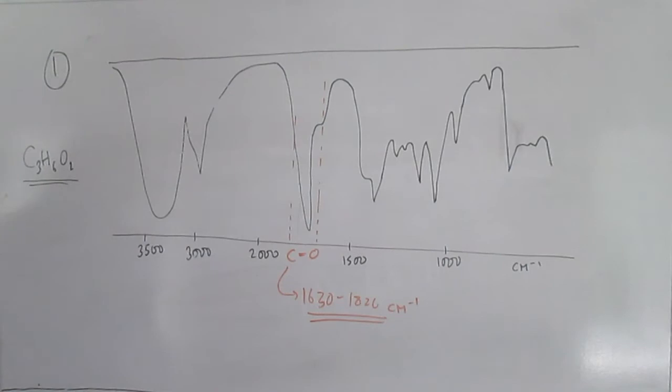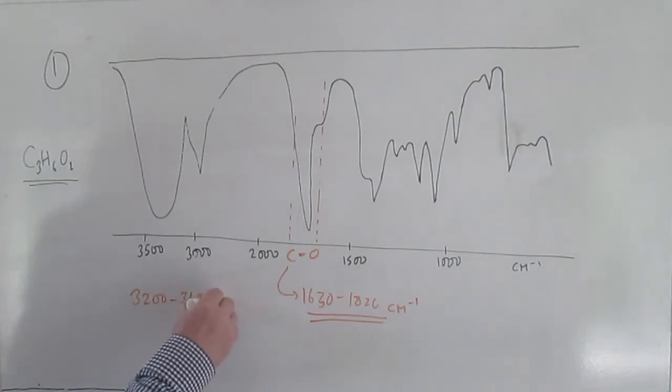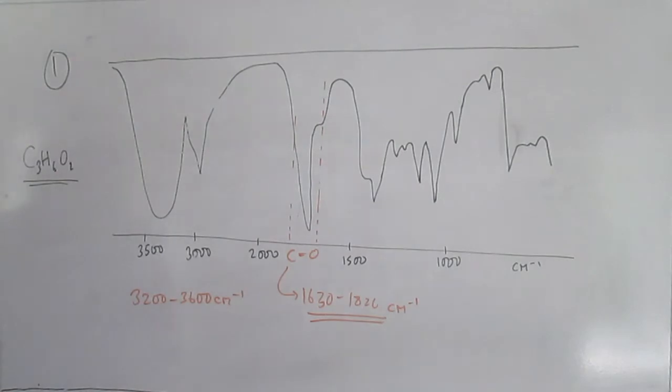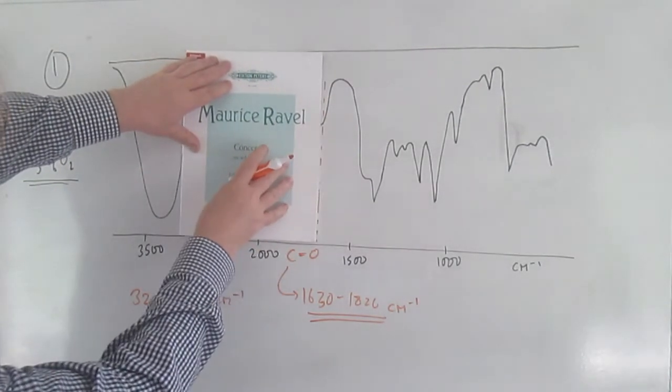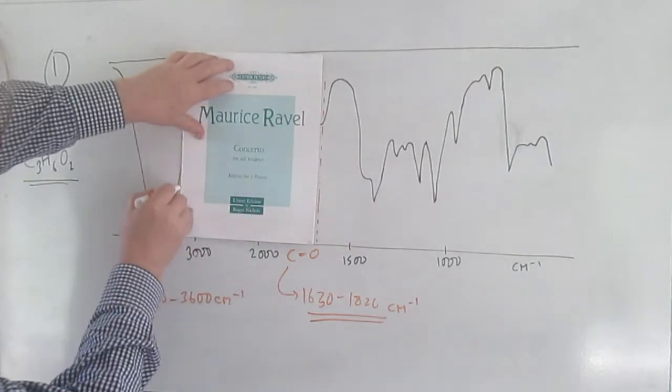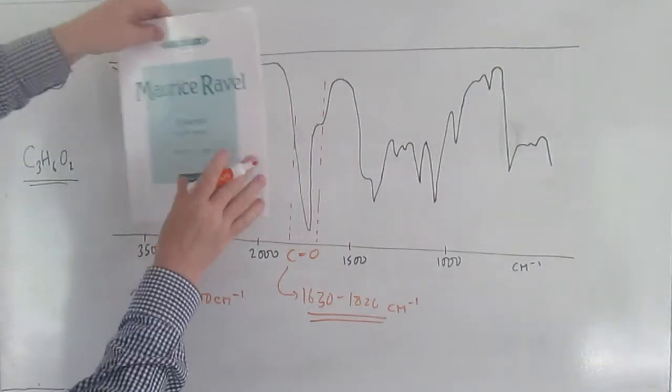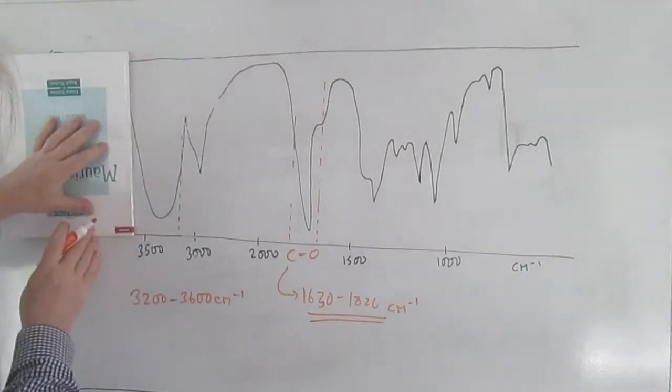But again, you can't just say it looks like an alcohol peak. You have to go to your data sheet and look up where an alcohol peak should be, and it tells you 3200 to 3600 wave numbers. So again, you mark that on and say, right, 3200 looks like it's about here, 3600 looks like it's about there.